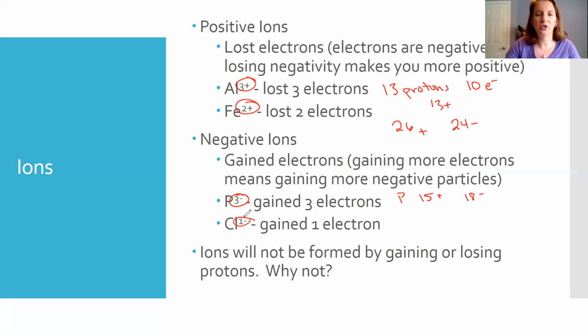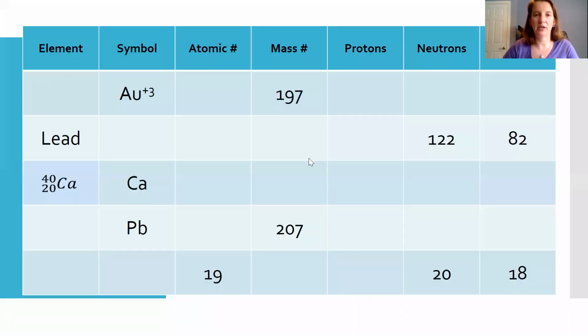Chlorine with a -1 charge, chlorine will have 17 protons because its atomic number is 17. If it gains 1 electron, that means it has 18 electrons. So 18 minus 17 gives you that -1 charge. Again, they would not be formed because of a change in protons, because changing protons would change the element that we're talking about.